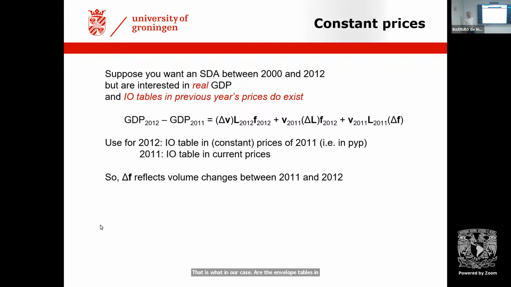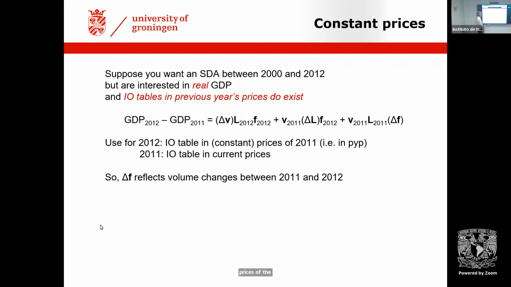If you use the WIOD database, they are given. So you do not run the calculation between 2012 and 2000 in one go. No, you split it up in 12 small changes. And for each of the small changes, you do the decomposition with the corresponding table in constant prices, namely the prices of the previous year.